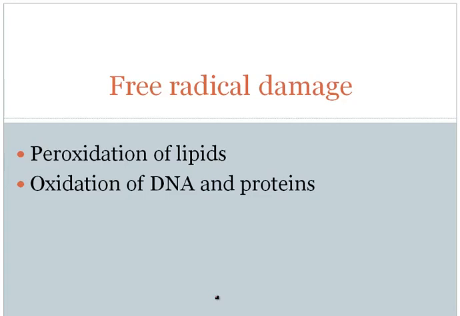The oxidation of proteins will result in damage to the cell, and also the oxidation of DNA can result in damage to the cell. And this is important because it's particularly implicated in oncogenesis. What's oncogenesis? The formation of cancers. Remember that cancers are formed by mutations in DNA, and if there's oxidation of DNA, that would introduce mutations within DNA, and so it could potentially cause cancer.